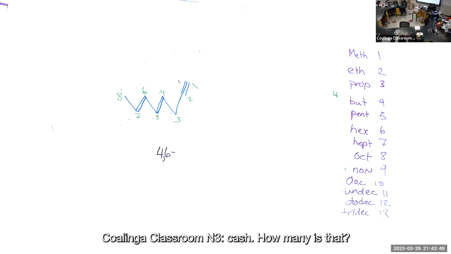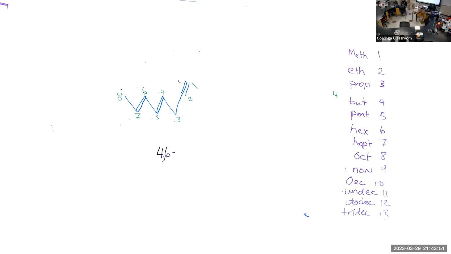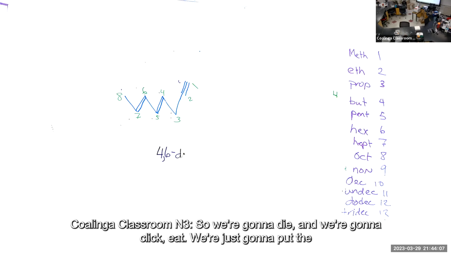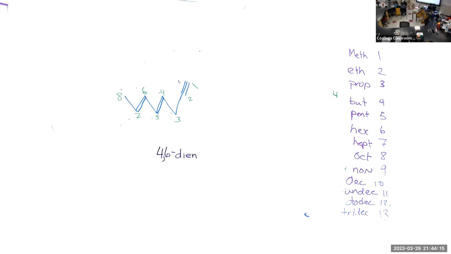How many double bonds is that? 2. Okay, so there are 2 double bonds. So that's di. Di, e. Okay, so we're going to put di and we're going to put the e, but we're just gonna put the e in. We're not gonna finish the e, okay?